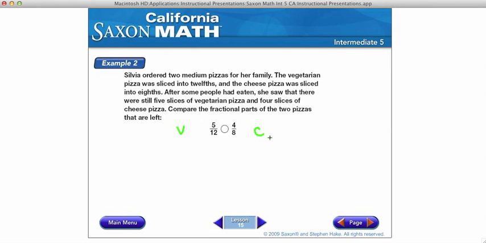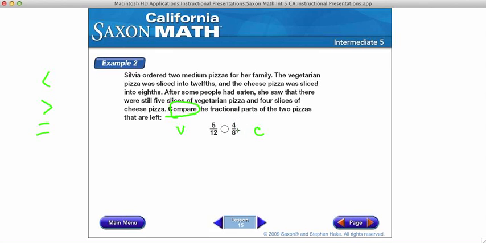After some people had eaten, she saw that there were still 5 slices of vegetarian pizza and 4 slices of cheese pizza. Compare the fractional parts of the pizzas that are left. So compare. This means I'm looking for less than, greater than, or equal. So let's see if we can compare these without necessarily drawing a picture. So let's compare these to half.